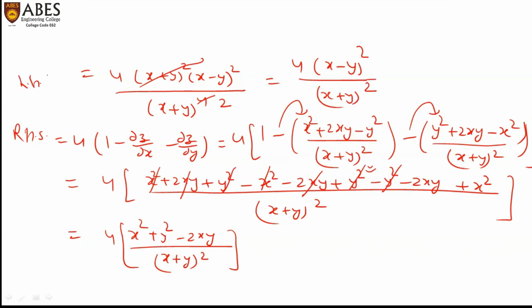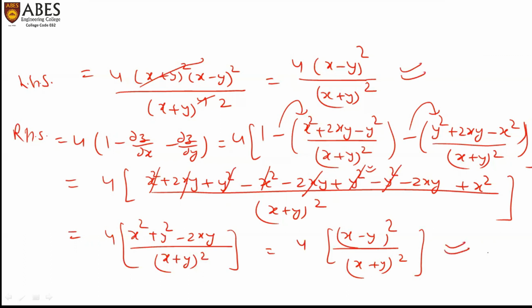This was the left hand side, correct? And in the right hand side also we have 4 into, this is the identity, (x minus y) whole square upon x plus y whole square. So obviously we can see the left hand side equals the right hand side, hence proved.